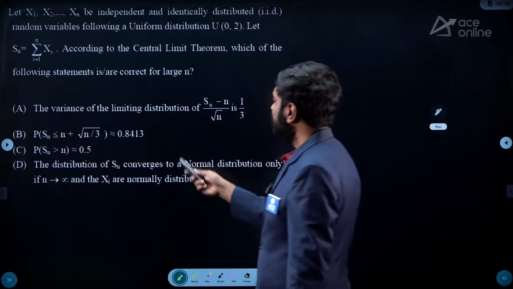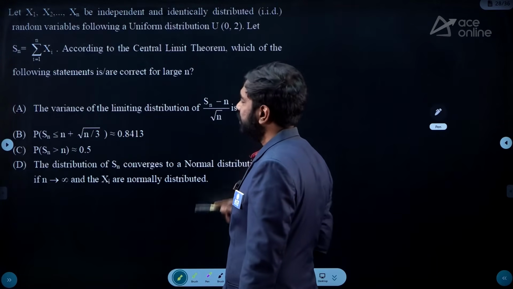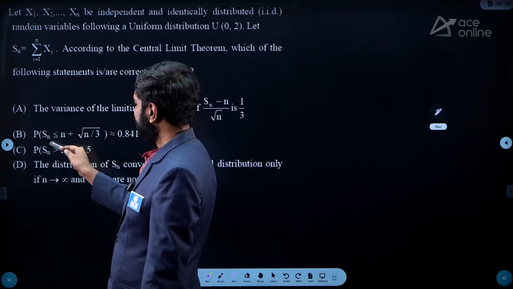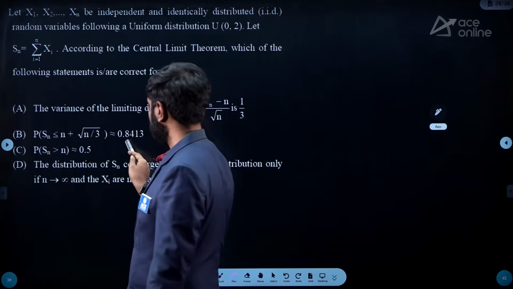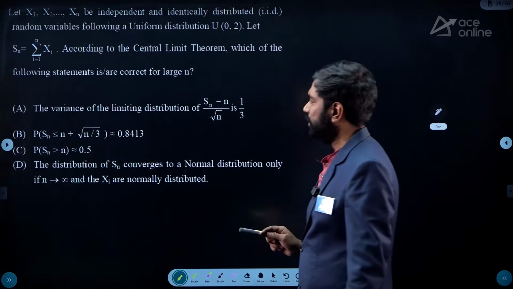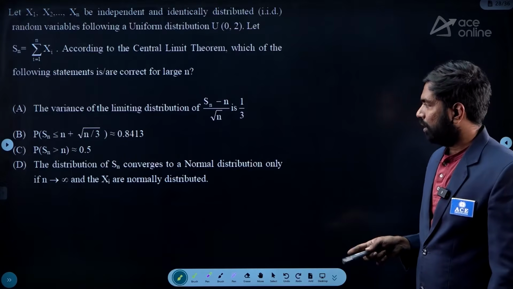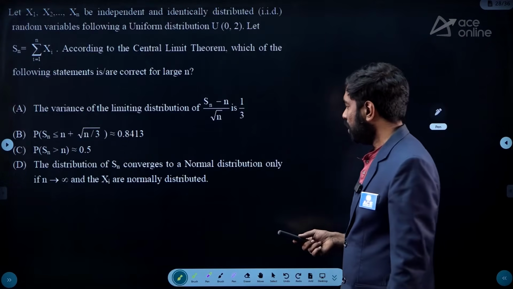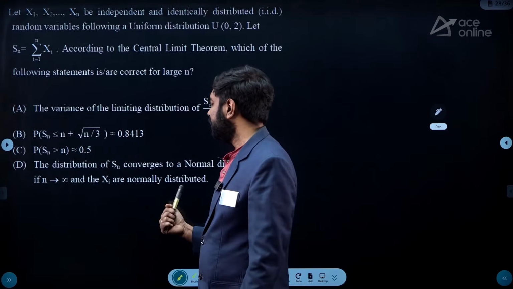The variance of the limiting distribution of (Sn minus n) divided by root n is 1 by 3. The probability of Sn less than or equal to n plus root of n by 3 is 0.8413. Probability of Sn greater than n is 0.5. The distribution of Sn converges to normal distribution only if n tends to infinity and xi are normally distributed.